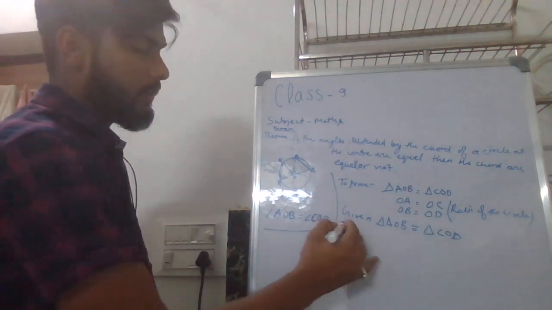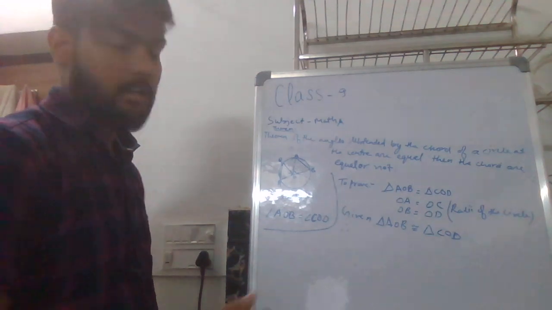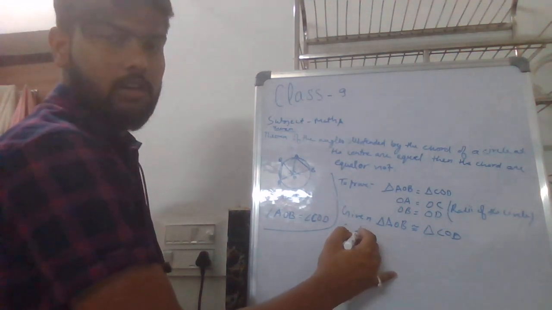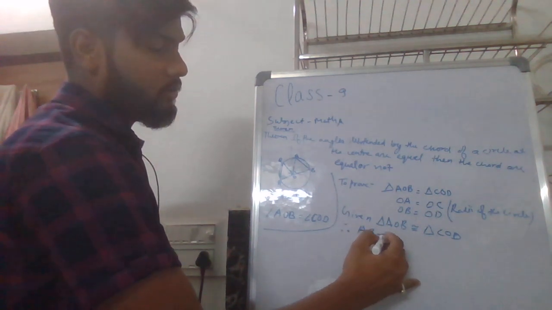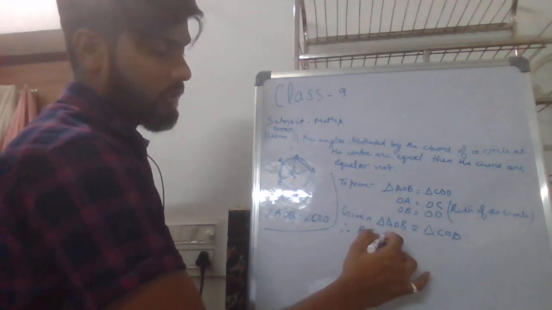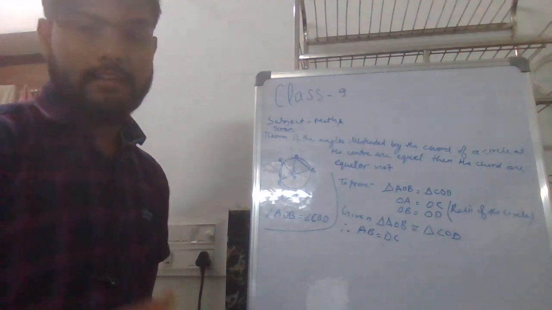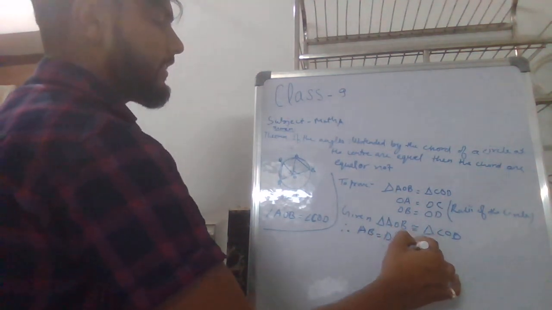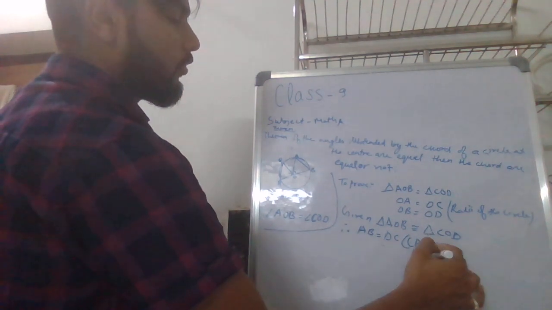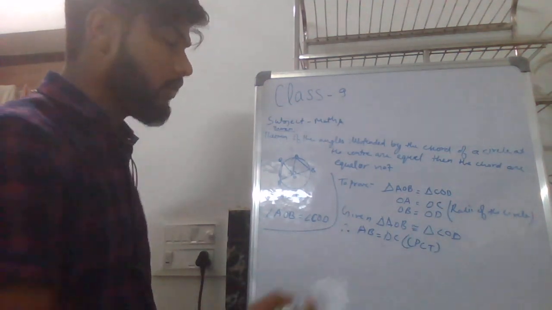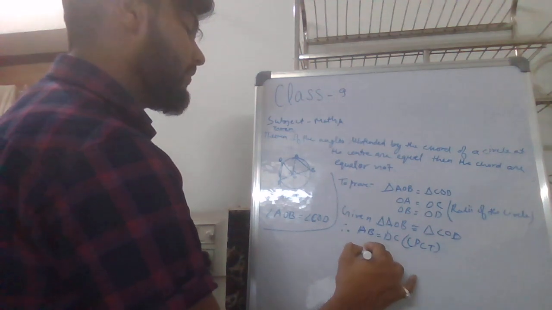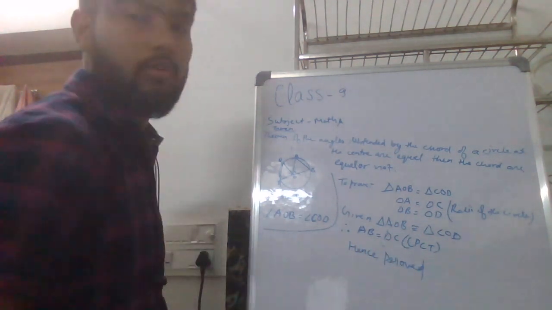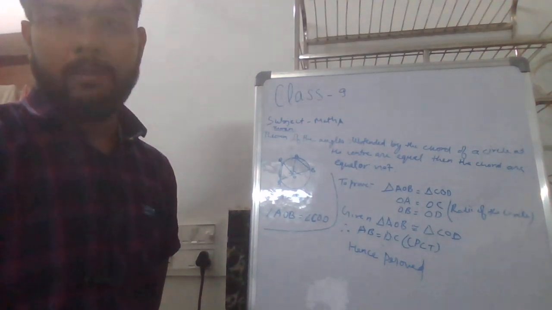So here we can see that AB is equal to DC, and we have to see which rule this is. We can see this is the CPCT rule. So what we have followed is the CPCT rule, and this theorem is hence proved. Okay, very good.